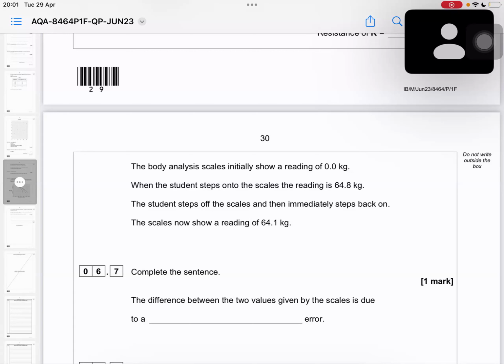So when you're looking at it from the top versus from an angle, that's what usually causes parallax error. So this one I guess is random, since you can't really explain what caused it to change from 64.8 to 64.1.